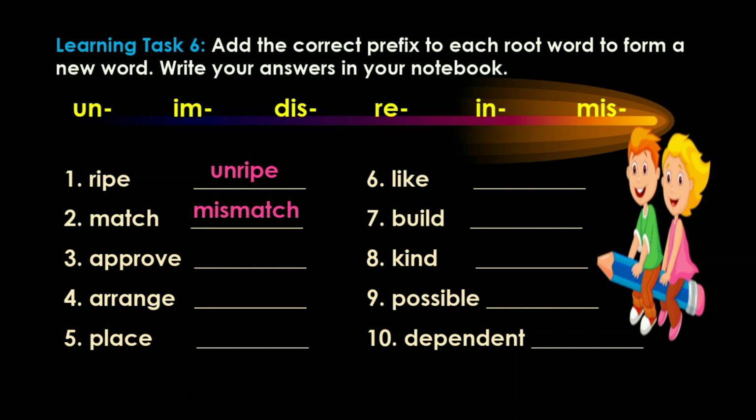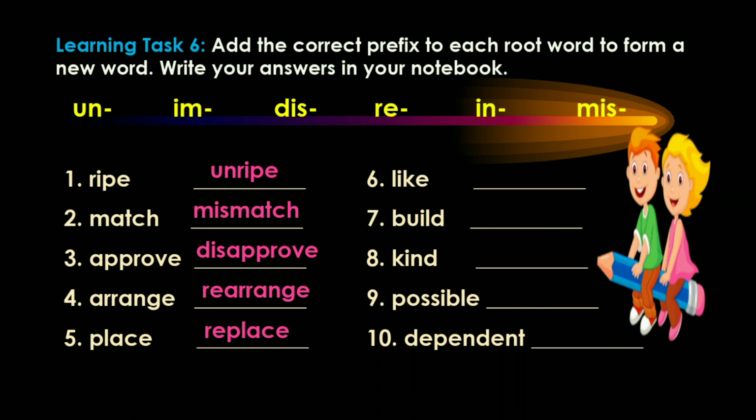Okay, so we also have the word approve. Which among those prefixes could be used to form a new word? So we have the word disapprove. Okay, number 4, arrange. Rearrange. Arrange again. Okay? And number 5, replace.